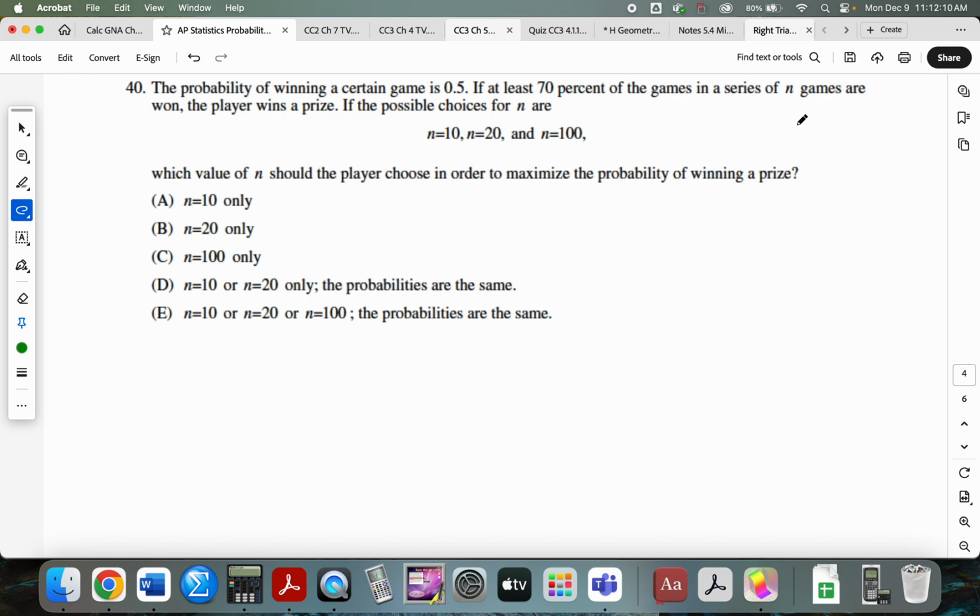If the possible choices for N, which is the number of times you're going to play the game, are 10, 20, or 100, which value of N should the player choose in order to maximize the probability of winning a prize? There are no calculations to be done on this. It's all the same. Nope. Never mind. 100? Nope. Ah, shucks.